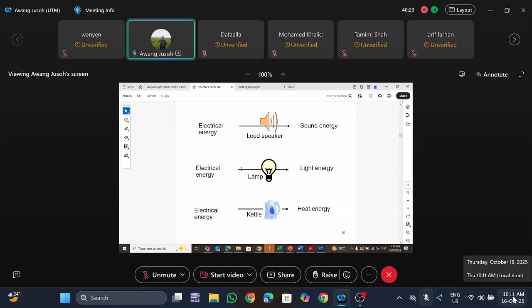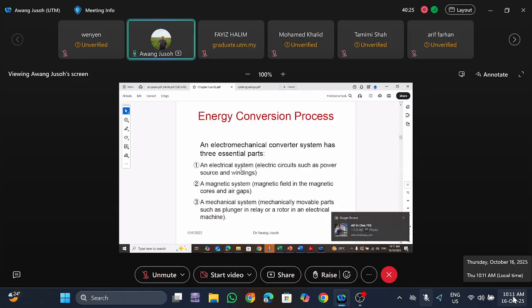All right. When we talk about an electromechanical device, the system consists of three main, essential parts. First, we must have the electrical system. That means we need electrical wires, an electrical source and windings. The second part involves the magnetic circuit, which includes the magnetic field in the magnetic core and air gaps normally.